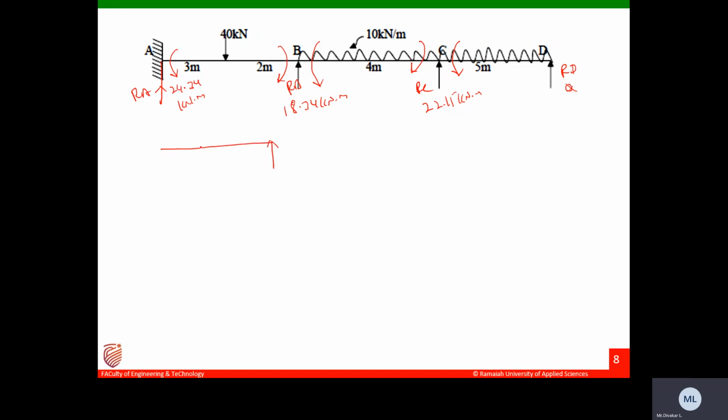So like this, and this is AB portions, and similarly I can write down this is for BC, and similarly CD. Okay, this is AB, this is BC, and this is CD. Here what I have, the loads we have.